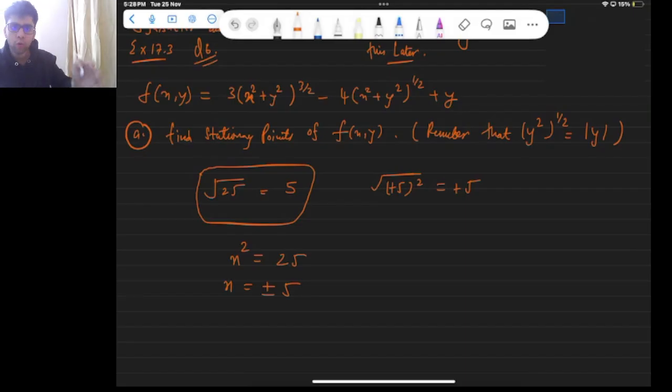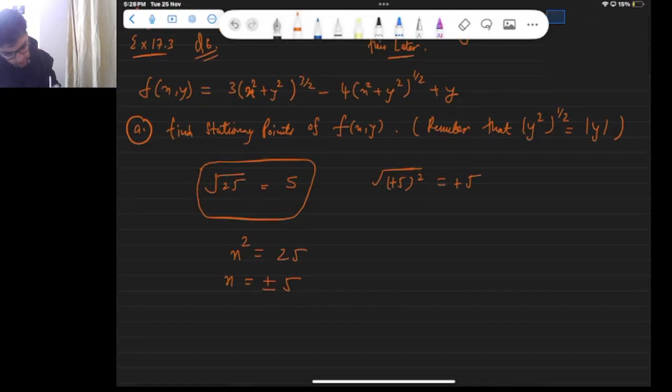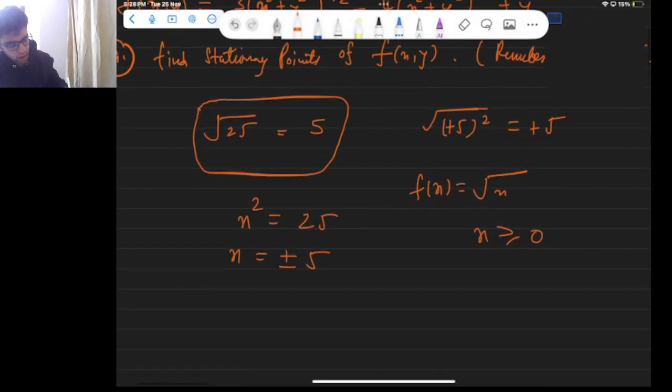But when we say root 25 is equal to 5, it is because in a root we always take positive values. If a function is given as f(x) equals root x, the domain is x greater than or equal to 0, so the root only takes positive values. There is no question of negative 5 entering that root. But with an equation, x is a variable, so it can be positive or negative 5.